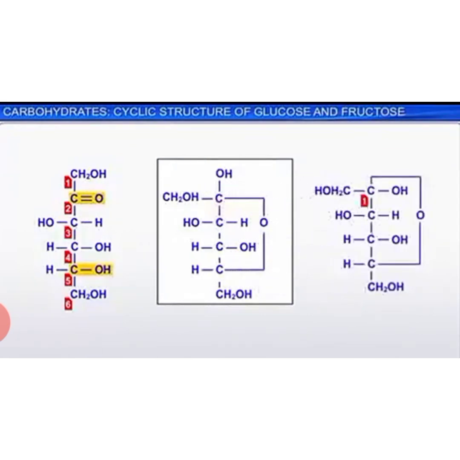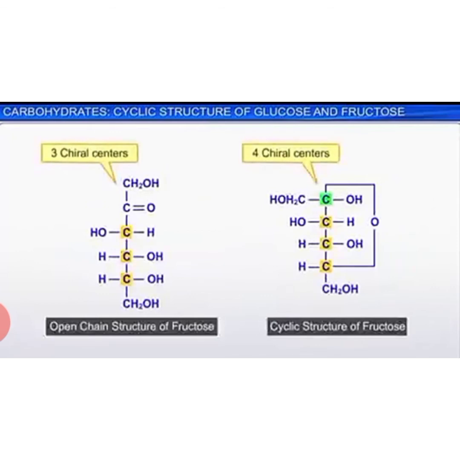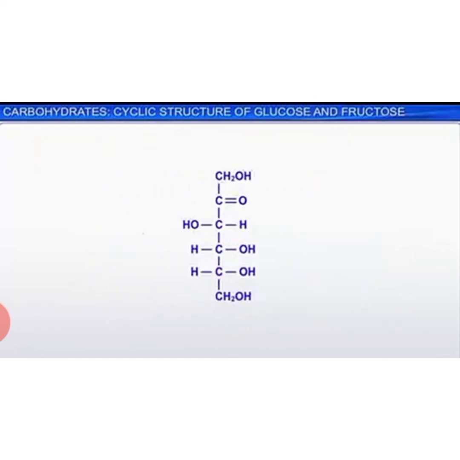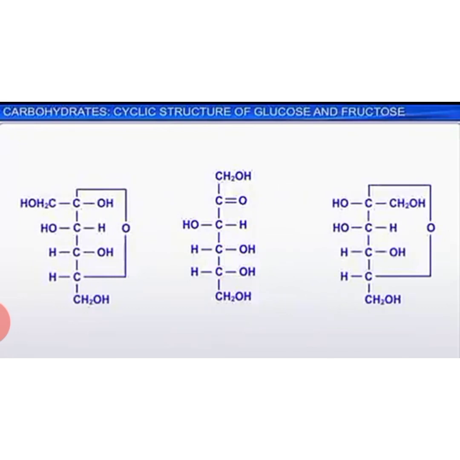The cyclic structure thus obtained is a 5-membered ring. This structure has 1 chiral center more than the open chain structure. Therefore, there are 2 possible isomeric forms as shown here.